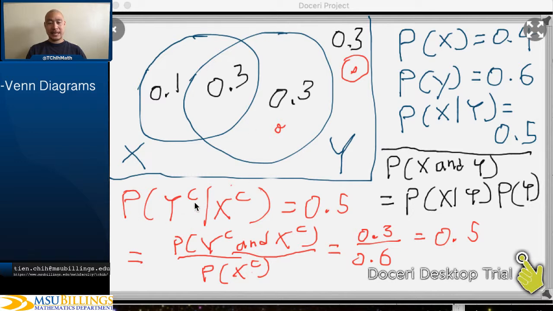Notice that with all three questions in red that we wrote down here, none of them explicitly said to go find P of X and Y. But once we had P of X, P of Y, and P of X and Y, and filled out this Venn diagram, even though no one asked us to, it made doing all of these problems much easier. That's because at this point we have a complete picture of all of X and Y's possible interactions. Hopefully that's helpful as you go ahead and do the homework.